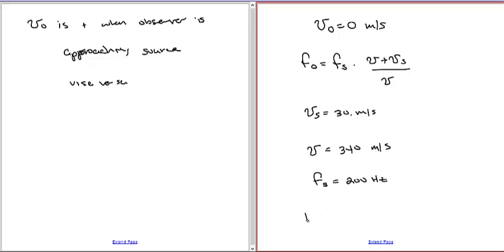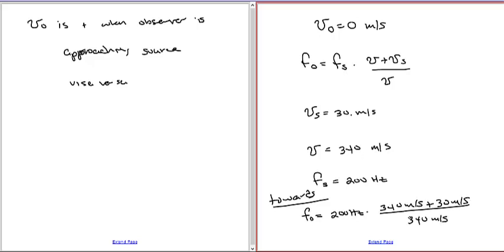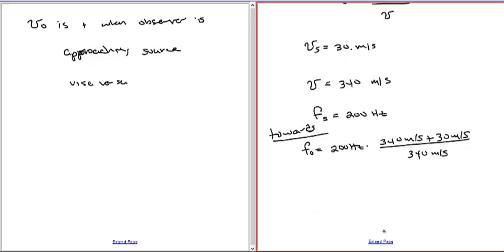So the frequency that the observer hears is going to be 200 hertz. And this is so towards. So when the source is moving towards the observer, it's going to be 200 hertz times the speed of sound, which is 340 meters per second, plus 30 meters per second divided by 340 meters per second.